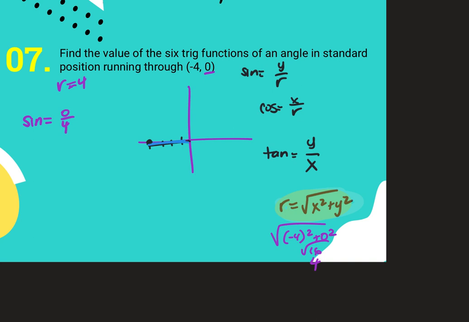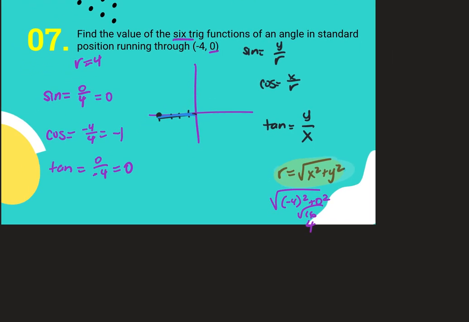And 0 over 4 is 0. Then cosine is the x coordinate over my radius, so negative 4 over 4, which is negative 1. Then tangent is y over x, 0 over negative 4, which is 0.